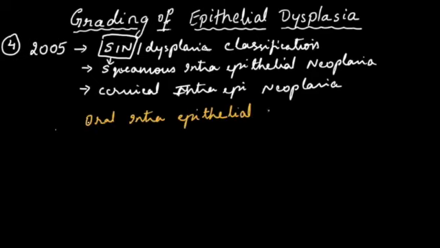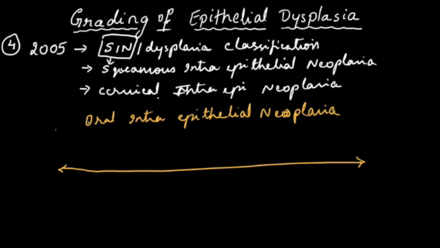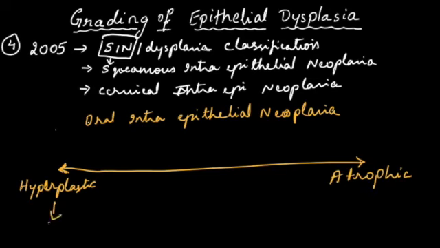According to this system, dysplasia is considered as a spectrum with hyperplastic lesions at one end and atrophic lesions at the other end of the spectrum.